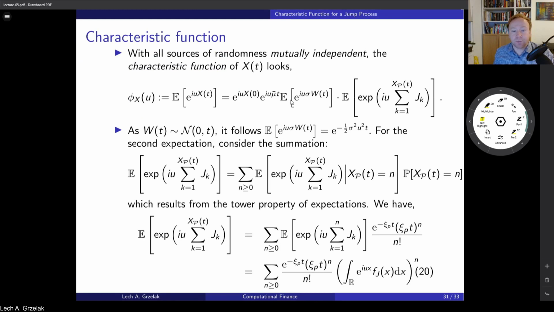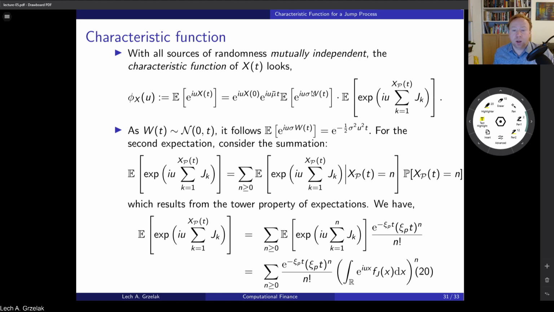So we have two parts. We have some constant part that we can take outside the expectation, plus we have a product of two expectations, one involving Brownian motion, the Wiener process, and the second involving the jump part. As you can see, we separate the expectations because we assume there is independence between the Brownian motion and the Poisson process and jumps.